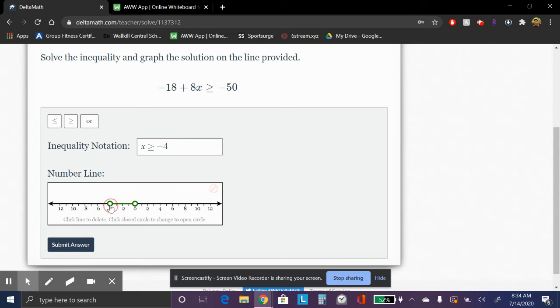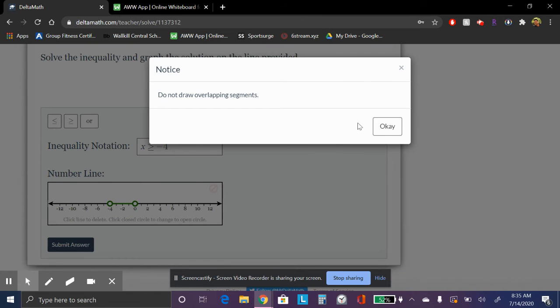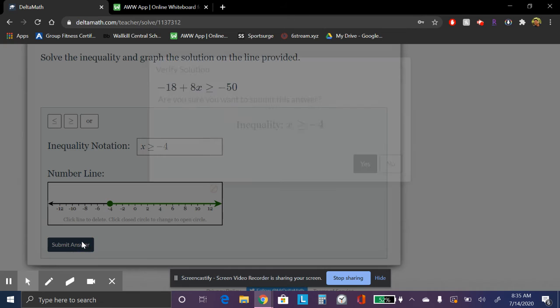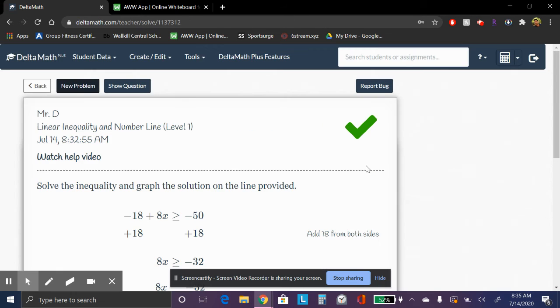The program says not to draw overlapping segments. Let's see if I can click a line to delete it. There we go, we just have to click the line to delete it. Negative 4 all the way to the right. Submit the answer. Bam.